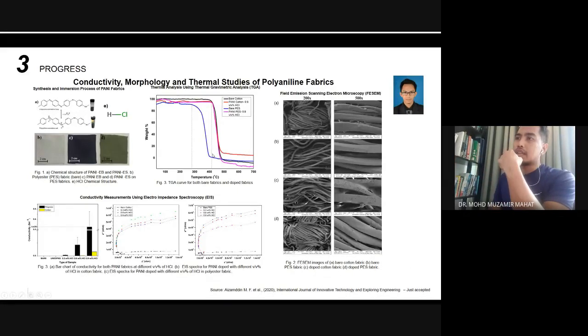It means that its thermal character has improved a lot, in that it is not easily decomposed after we introduce polyaniline into the system. This is a piece of amazing work. Okay, I'm truly happy to see this one.